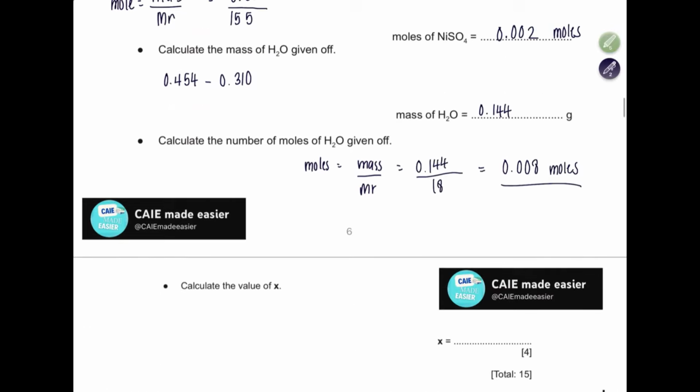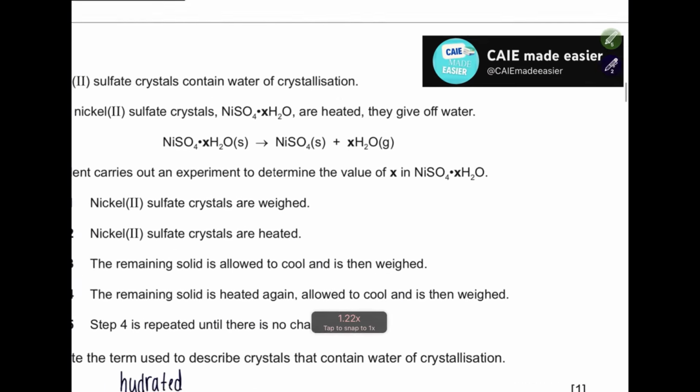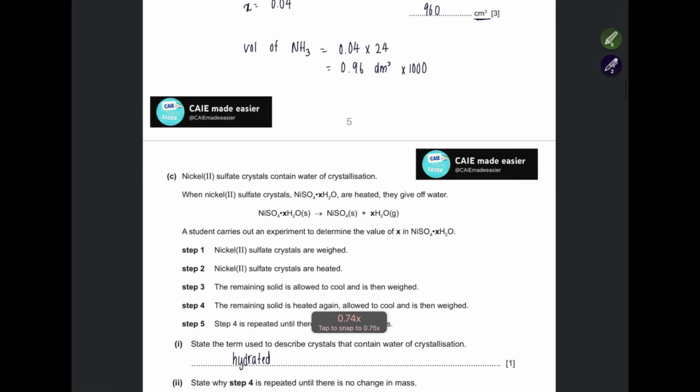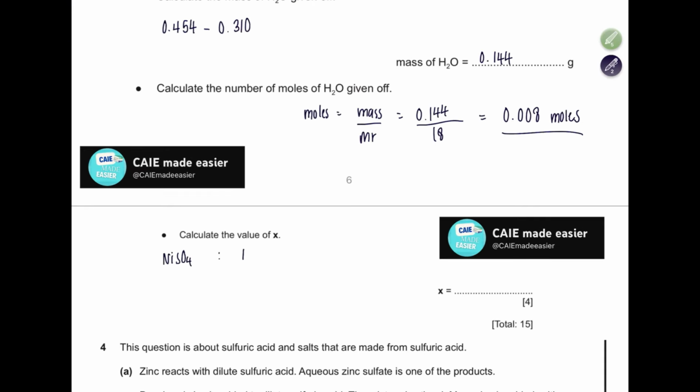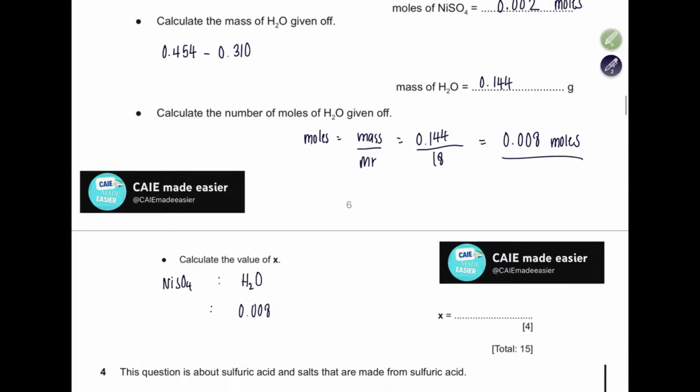Now calculate the value of X. We know the moles of NiSO4. We know the moles of water. So now we know the moles, but we don't know the ratio. We have to find the ratio. Moles of water is 0.008 and moles of NiSO4 is 0.002.